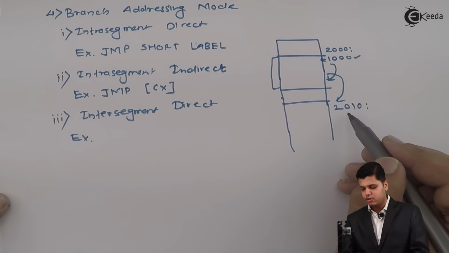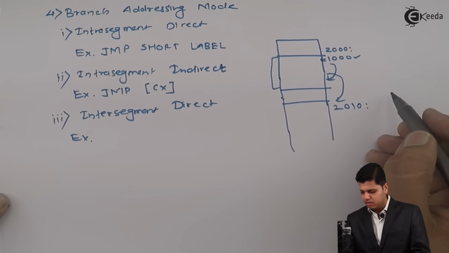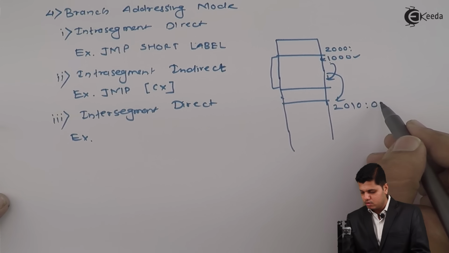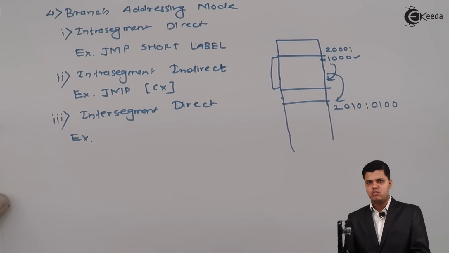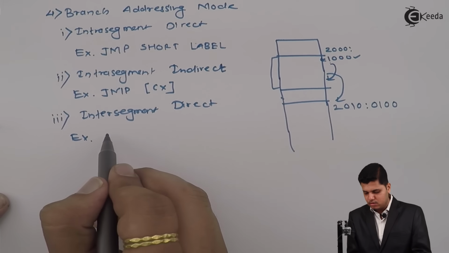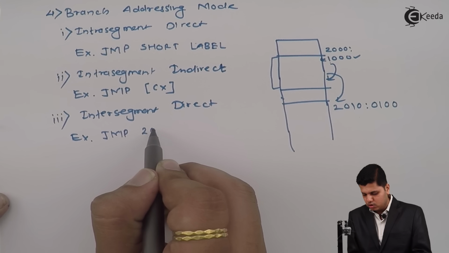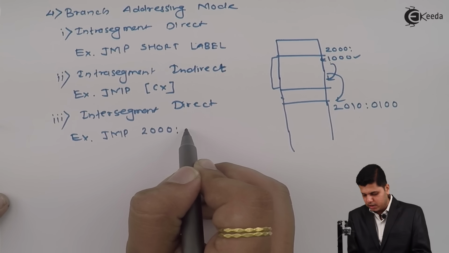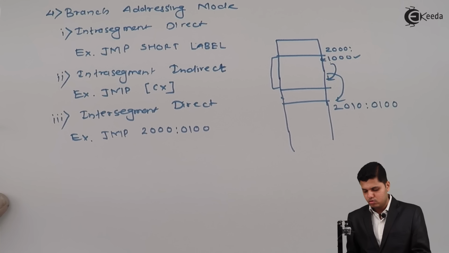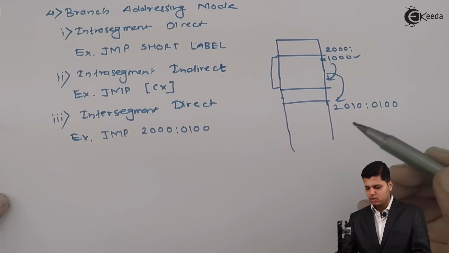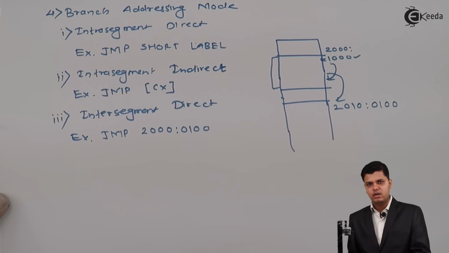So this is the segment address of the second segment, and in that segment I need to change the execution to 0100. In that case, the inter-segment direct can be written as JMP 2000[0100]. So here we are directly specifying the address where we need to change the sequence of the program, and that is called inter-segment direct.